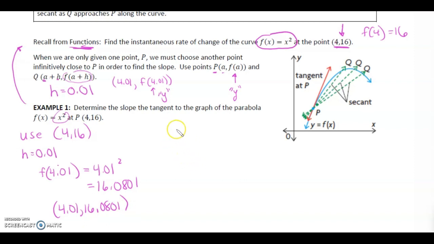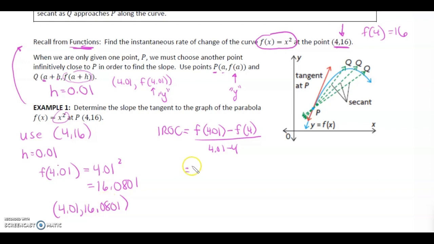Okay, so let's go ahead and do instantaneous rate of change. So what we're going to do is f at 4.01 subtract f at 4, and this is all going to be over h, which is, in other words, we can use 4.01 minus 4.